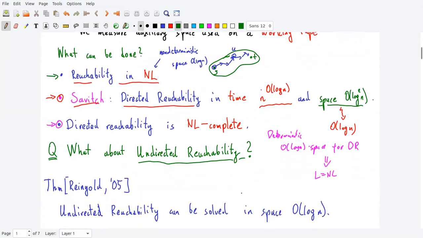So the theorem that we will prove during this lecture using expanders is the theorem proved by Reingold in 2005 that undirected reachability can be solved by a deterministic algorithm that uses only logarithmic space, so order of log n space.